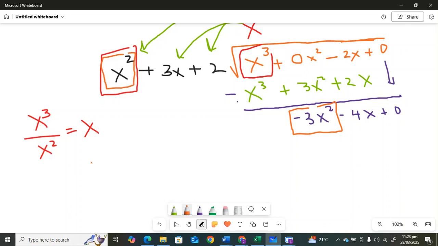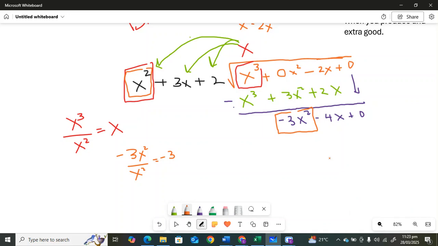So you say negative 3x squared divided by x squared, you get negative 3. So you put here minus 3.